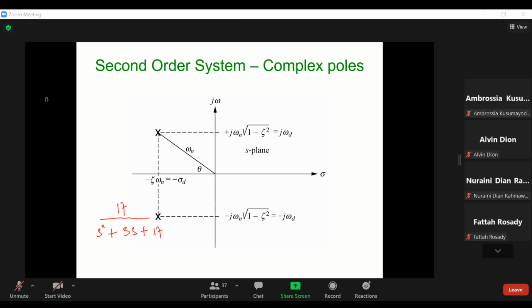Okay. So now if you factorize this, then it becomes, for example, complex. So this becomes s plus 2 plus 2j, for example, like this.